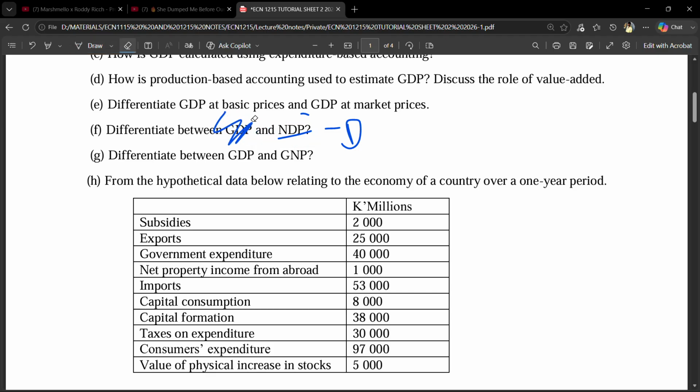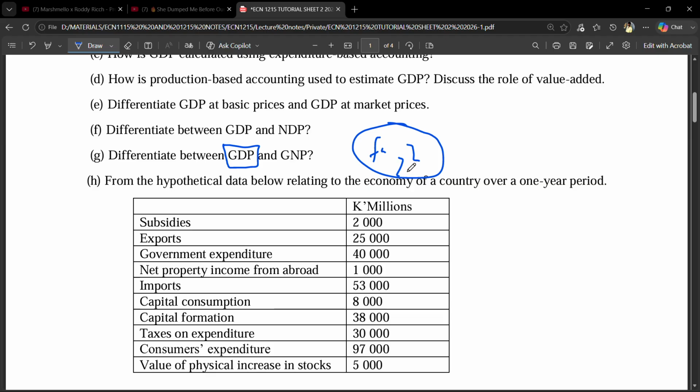Let us move on. G is saying differentiate between GDP and GNP. So GDP, we have said, measures the value of all the final goods in the economy. It means that it measures the value of all the goods that are produced inside an economy or country, geographically inside the boundaries. It does not matter whether it is a foreigner or a Zambian producing, let's say we're talking about Zambia.